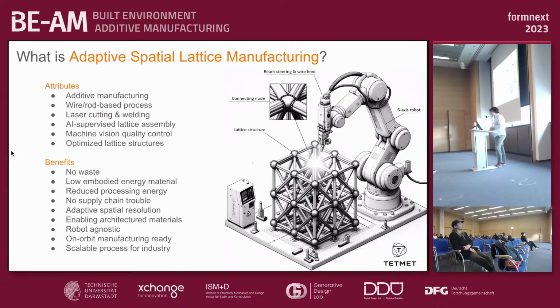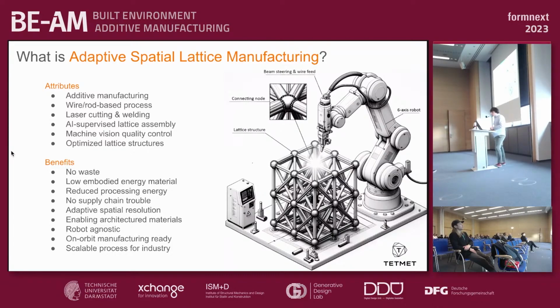There are some benefits. As with other additive manufacturing processes, there's no waste generated. Contrary to most additive manufacturing processes, we can use basic materials. Contrary to powder-based additive manufacturing, where most of the energy has to be spent on getting the material that you can actually print, in our case, we can use byproducts out of the steel factory, which is just a metallic wire.